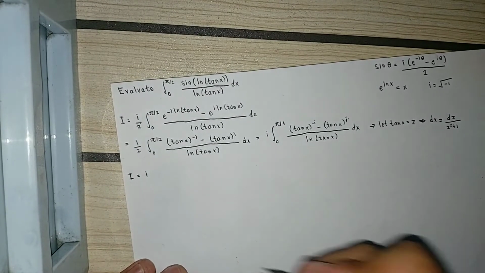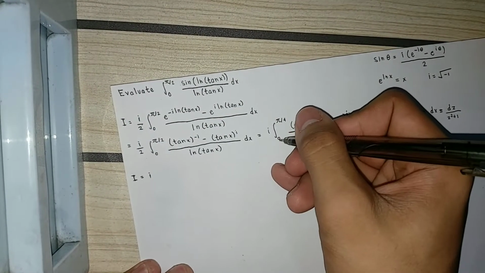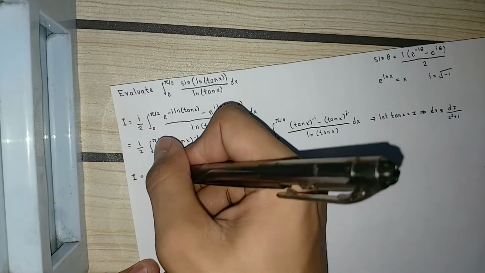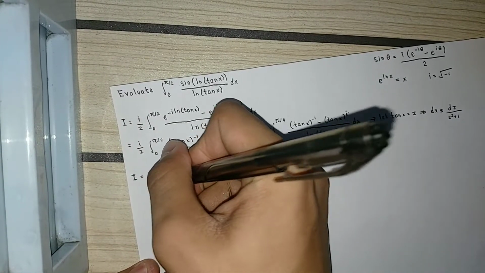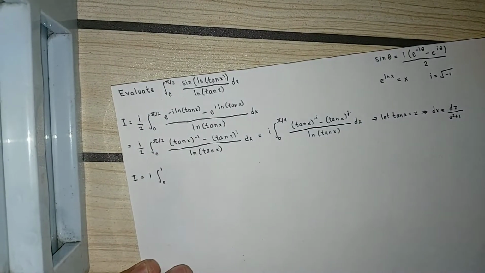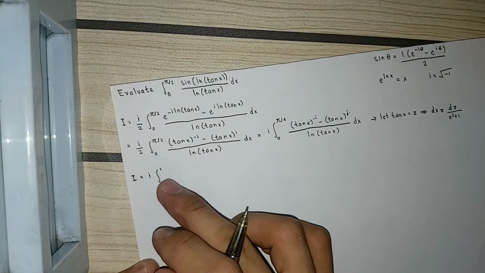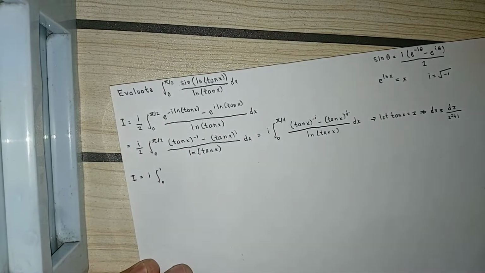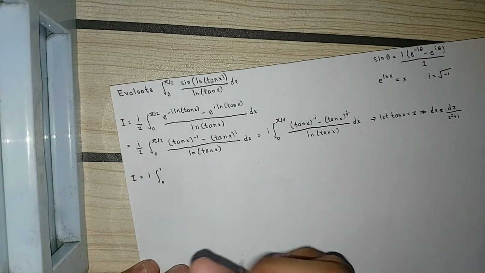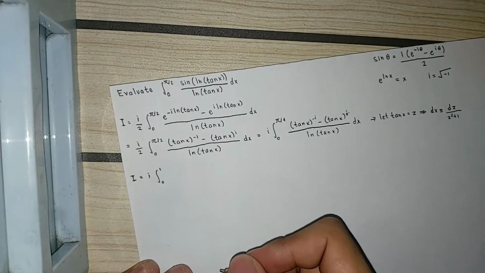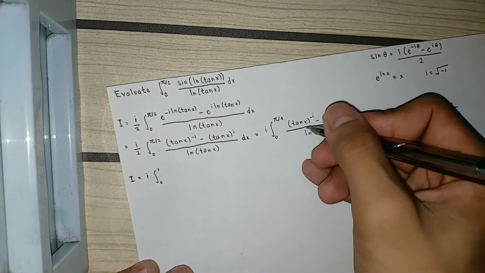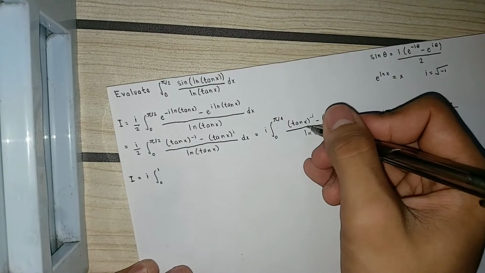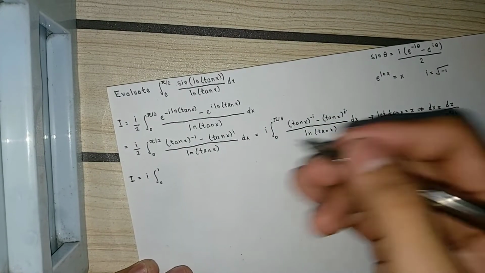So our limit will become from 0 to 1, since tangent of pi over 4 is equal to 1 and tangent of 0 is just equal to 0 also. And we will just replace tangent x here as z variable.